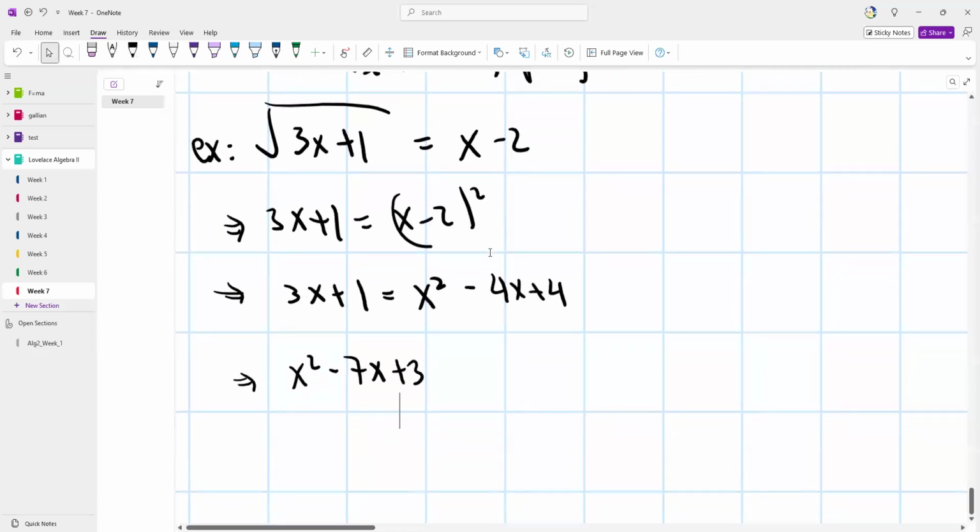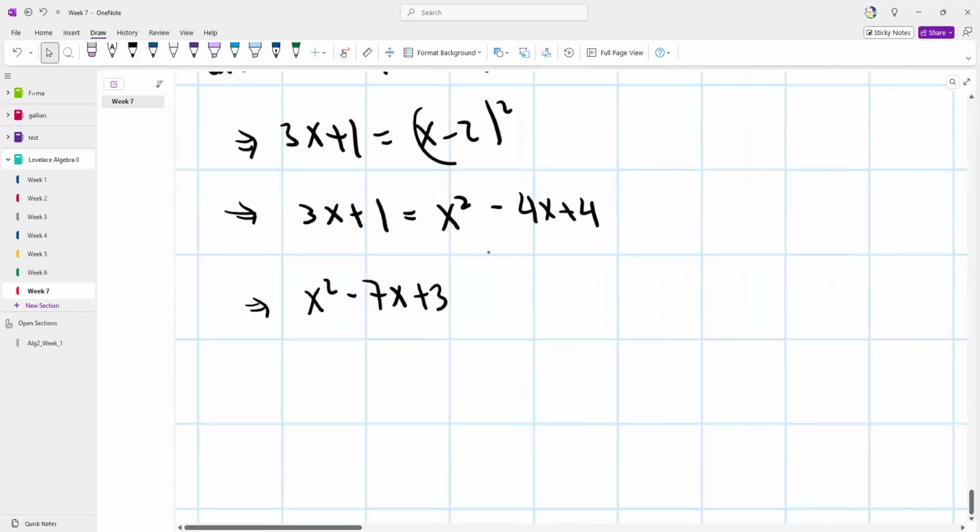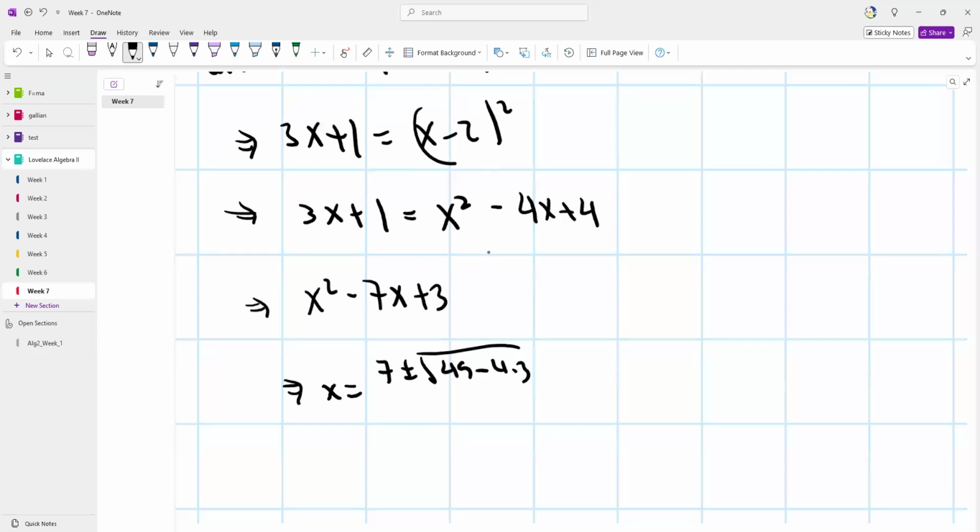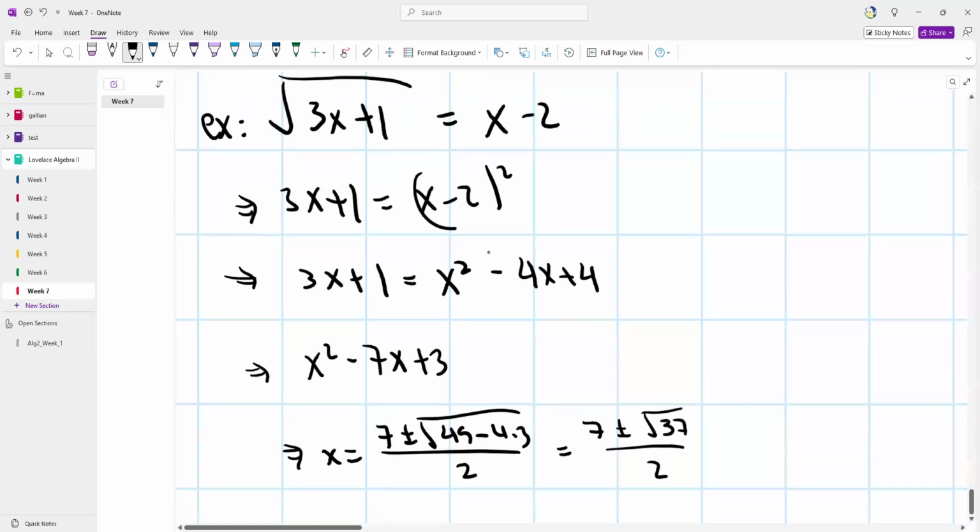So this means that you would have to use the quadratic formula: x is equal to 7 plus or minus the square root of 49 minus 4 times 3, over 2, which is 7 plus or minus the square root of 37 over 2. This is a bit complicated, but there are two solutions, and we should be very cautious. So let's think about what happens when we plug in both of them.